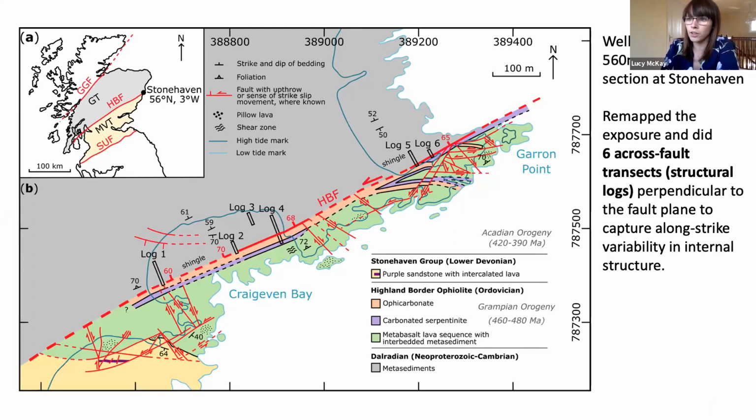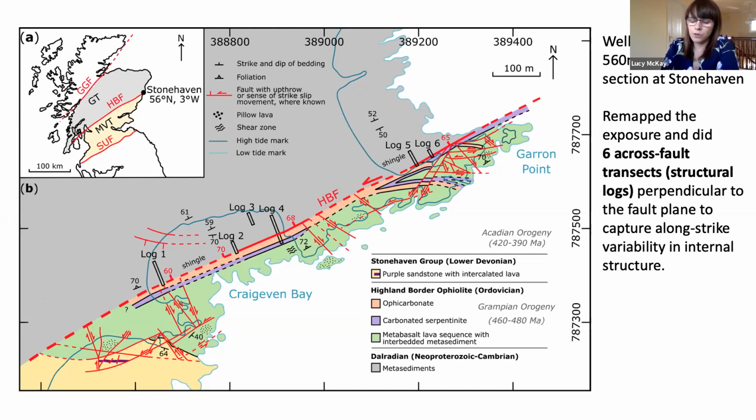So first of all, I remapped the exposure at Stonehaven and then did 6 across-fault transects, known as structural logs, to capture the variability, as shown in these black rectangles on the map, logs 1 to 6. On this map on the north, in the grey, you've got the Dalradian, and then in the orange, purple and green, you've got the ophiolitic rocks.